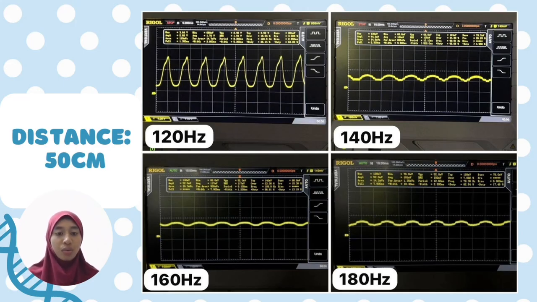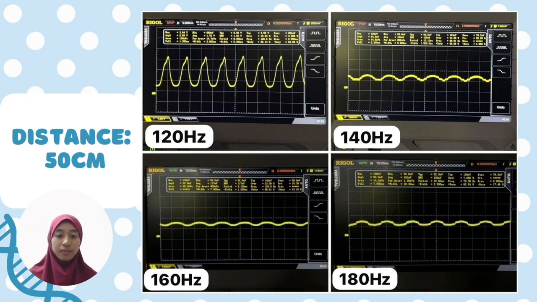The second one is 140 Hz, and you can see that the graph is sinusoidal, the wave of the graph is in very good condition. 160 Hz and 180 Hz give the same graph but at a different amplitude.